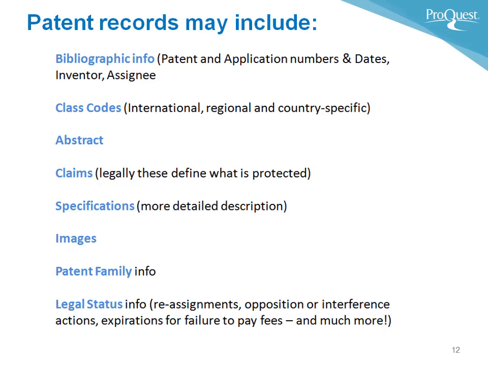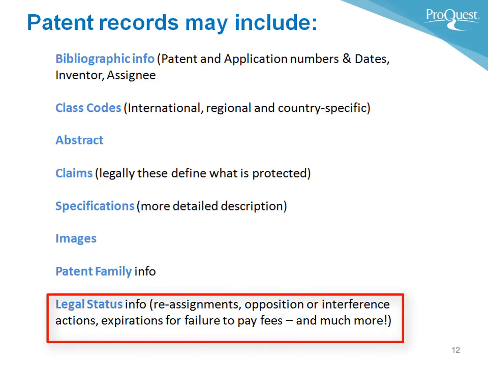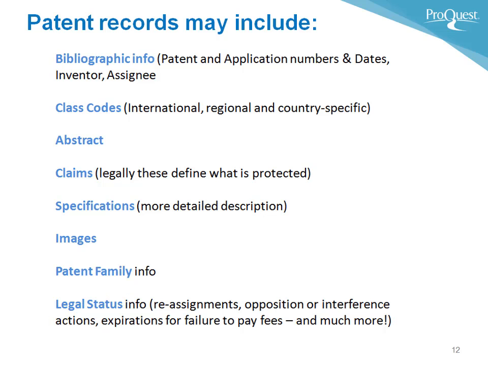And there may be legal status information showing things like if the patent has been reassigned, bought and sold to a new owner, or if other things have happened to it legally, like it's been terminated for failure to pay a maintenance fee. Some of our databases have all of this information, and some have just parts of all this, so we'll look at those databases in a moment.